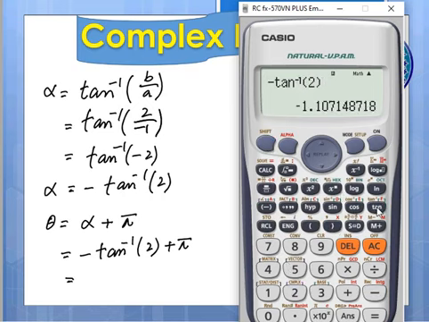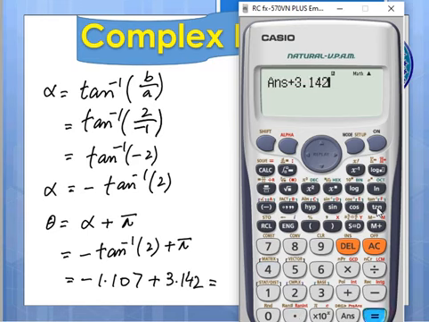So the value will become minus 1.107 plus the pi value, which is 3.142. So we will add 3.142. The answer will become 2.035.